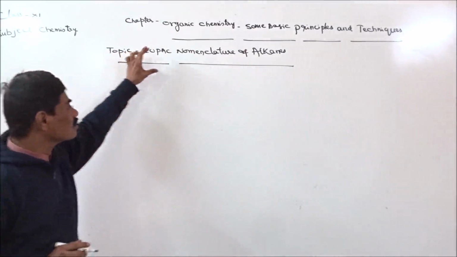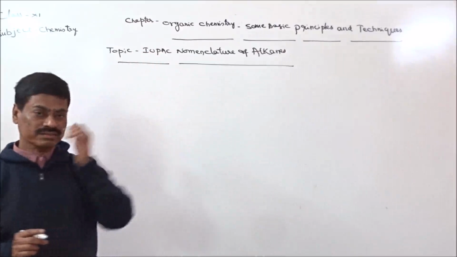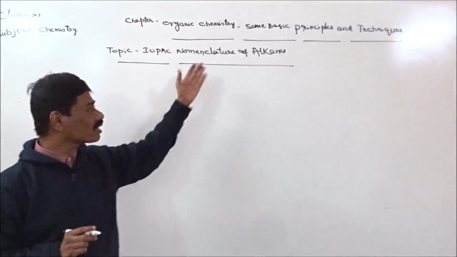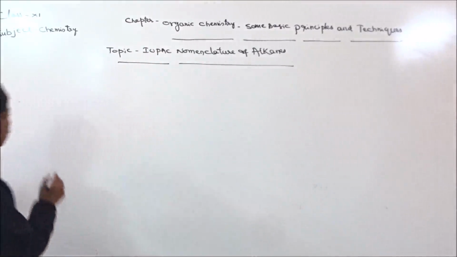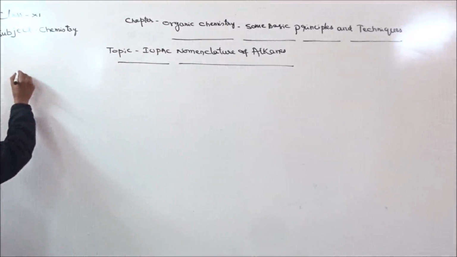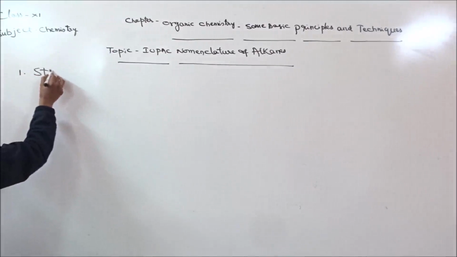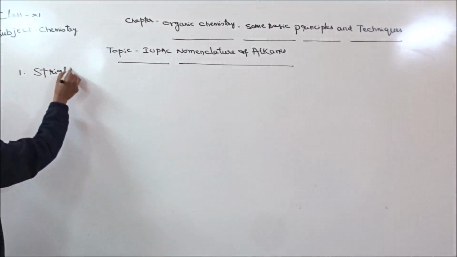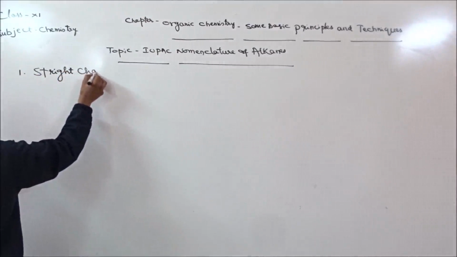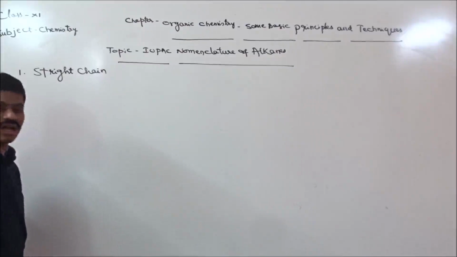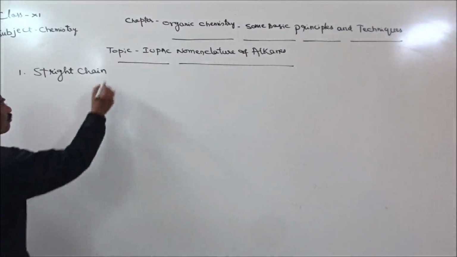So this is divided into three parts. This is nomenclature of alkanes. First one is straight chain hydrocarbon.